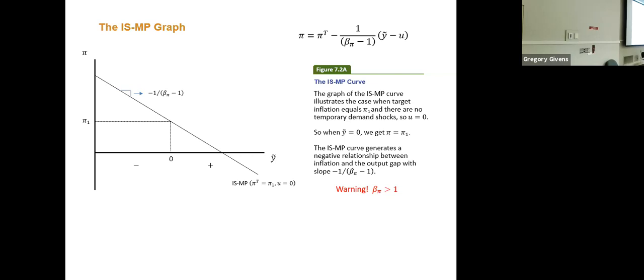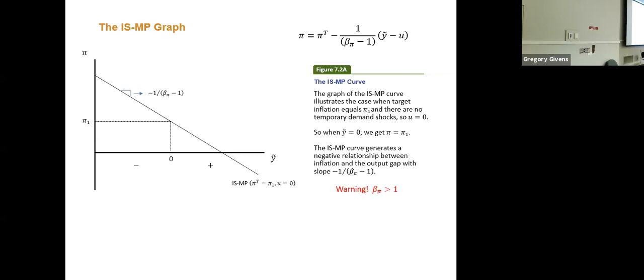Beta pi times the increase in inflation. If beta pi is bigger than 1, then what are we saying? That the nominal rate goes up by more than inflation. Okay, now if the nominal rate goes up by more than inflation, Michael or anybody, what happens to the real interest rate? If the nominal rate rises by more than the rate of inflation, what happens to the real interest rate?